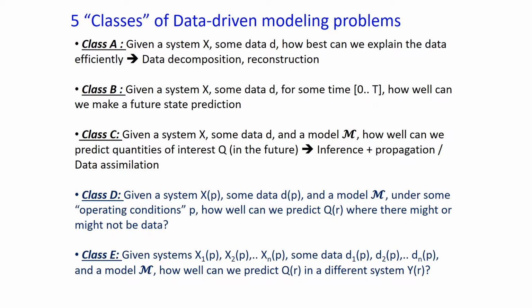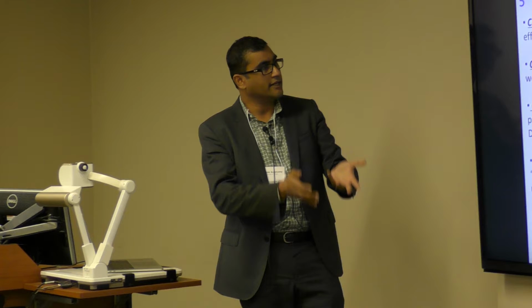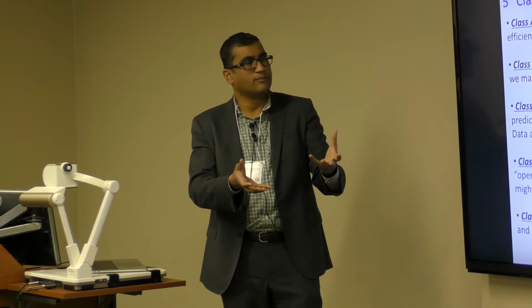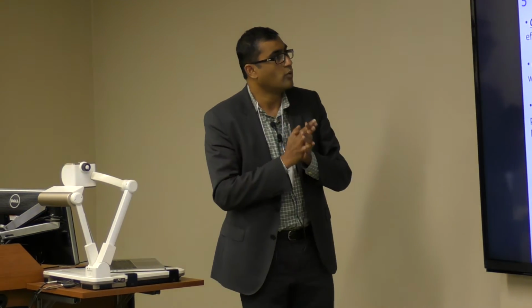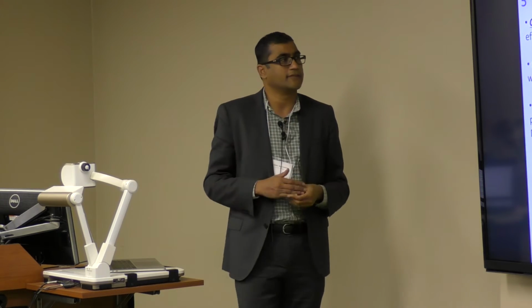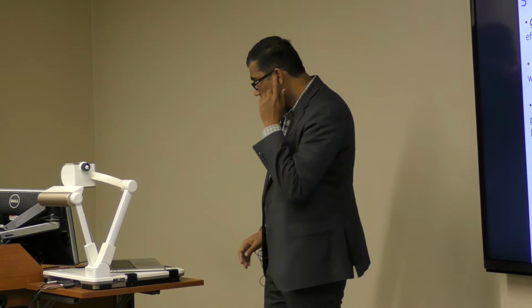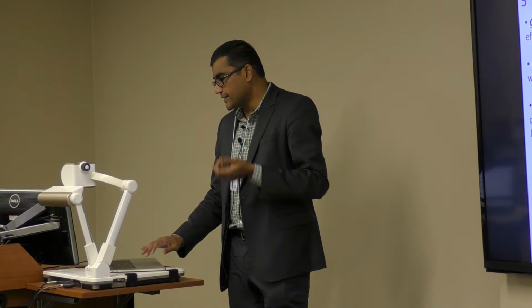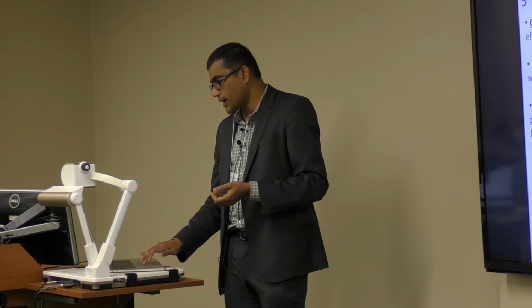So at the very top, you have what I call data decomposition or reconstruction methods, where you have a system and you have some data on the system, and you're trying to get more insight into what the data can tell you about the physical characteristics of the system. So that's one. And then what I call class B is perhaps more classical.